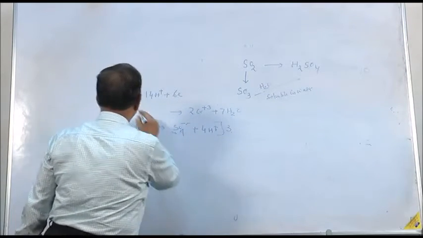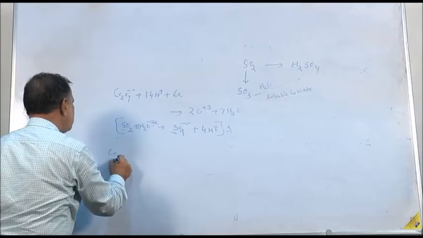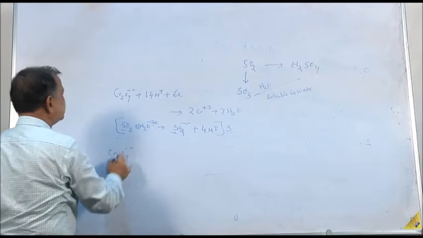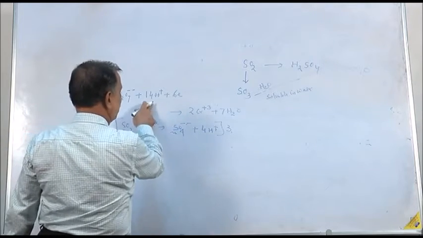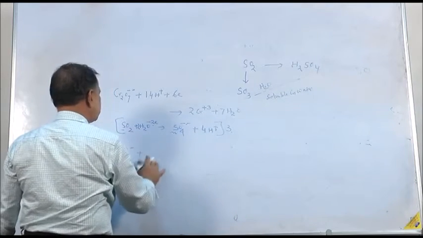Multiplying we get Cr2O7 2- plus 14H plus plus 12H plus, we will get 2H plus.